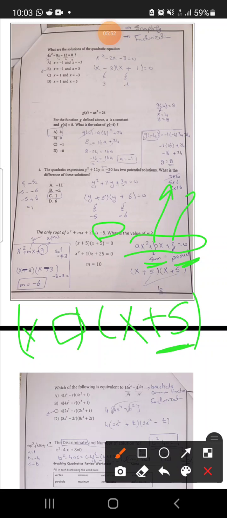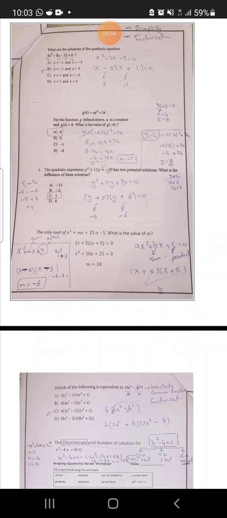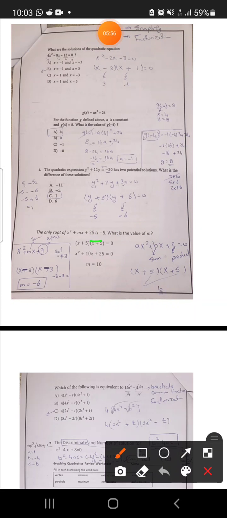You want to get the other answer here. So what is the other answer? You have 25 here, so 25 is the product. One of them is 5, so 5 times what gives you 25? 5 times 5. So you can write the answer, x plus 5 and x plus 5.